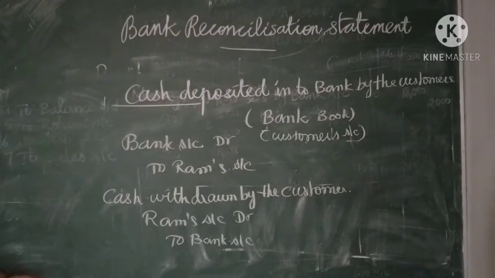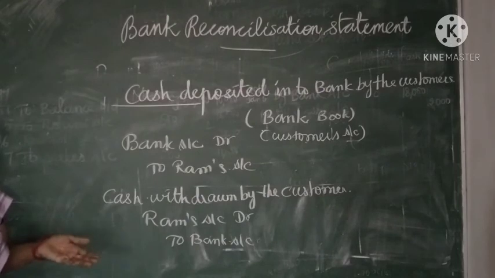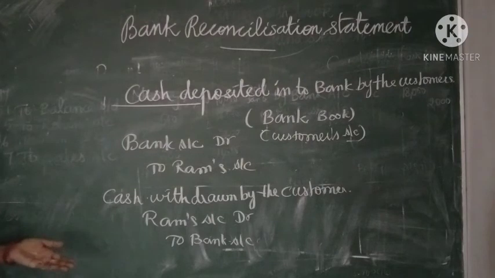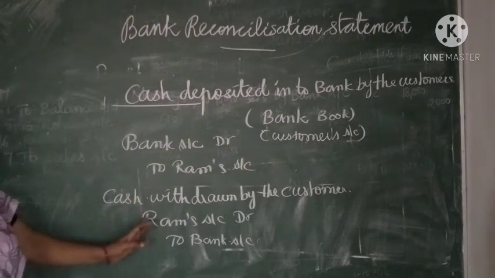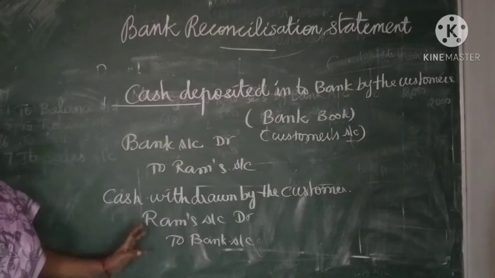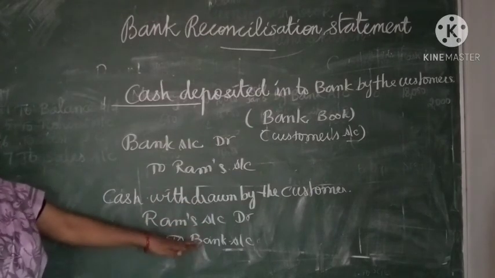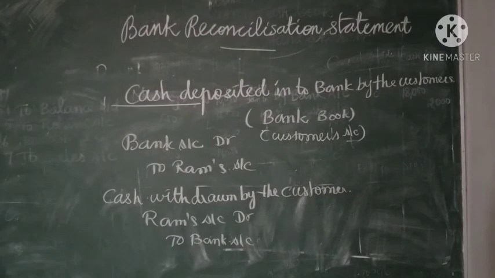As far as the bank is concerned, the bank is receiving the money, so they will debit the balance. If they are going to give the balance, in our account there is a credit. Are you clear? So cash withdrawn by the customer, the customer should be debited and the bank should be credited.